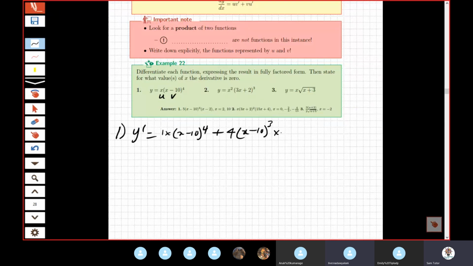Yep, and then times x. Beautiful. And then what's your common factor? x minus 10 to the power 3. And then you're left with x take away 10 plus 4x. And you are done. Good work.